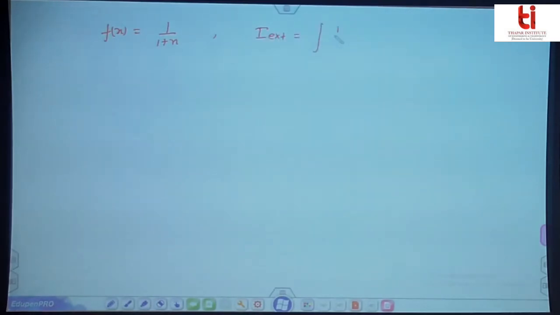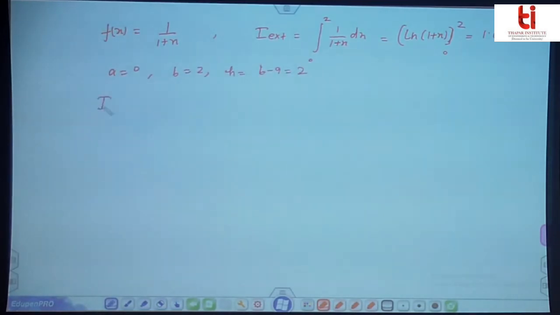The integral of 1 upon 1 plus x dx from 0 to 2 is ln(1 plus x) from 0 to 2, which is ln 3, that is 1.0986. Now a is 0, b is 2, and h equals b minus a, that is 2.